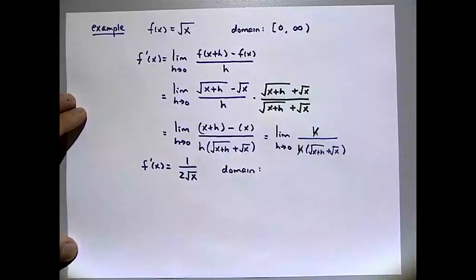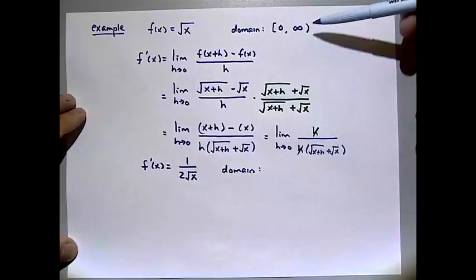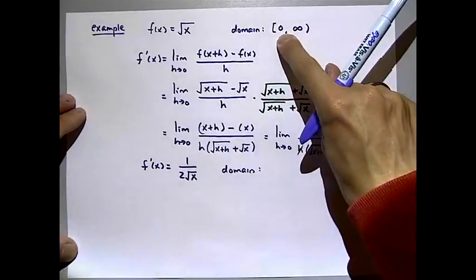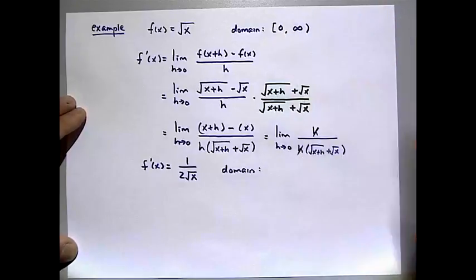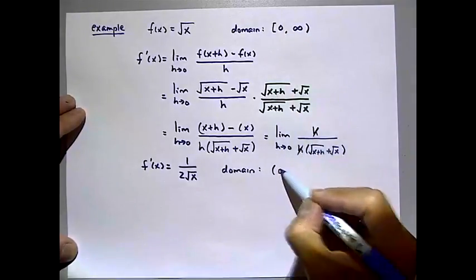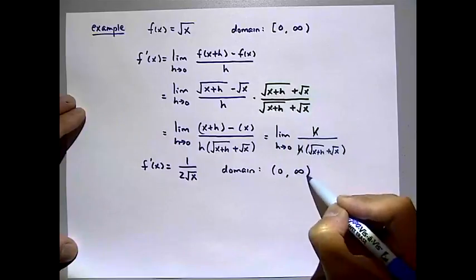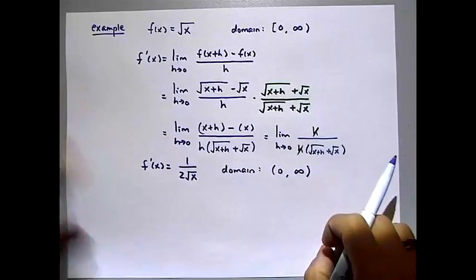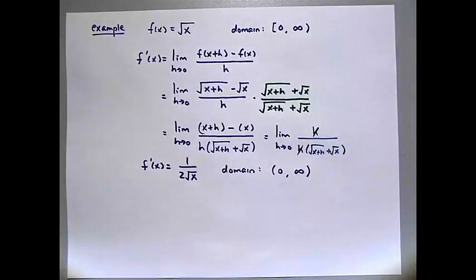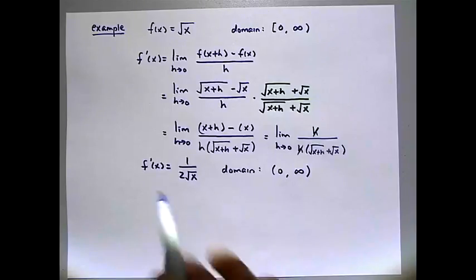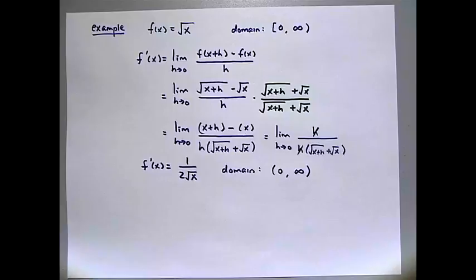What else? That's right. So the same as this one with the 0 removed. Right? So this is 0 to infinity, open at 0. I can take the radical of any positive number, right?